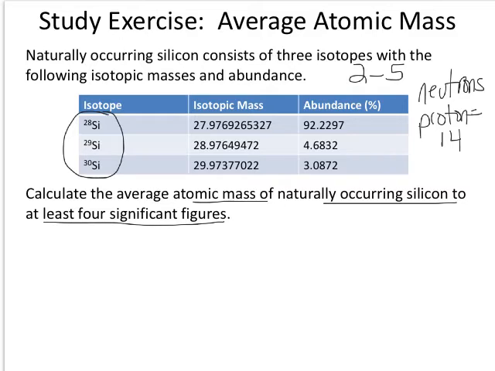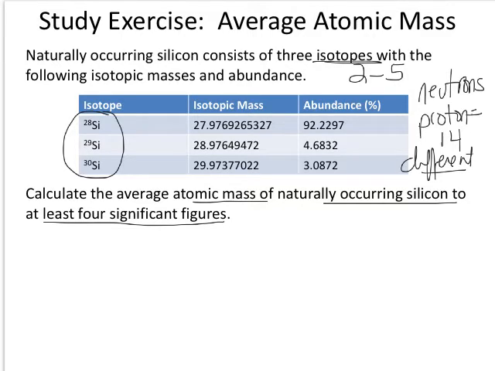It makes it silicon. But they have different mass, and that's because in the nucleus, where all the mass is, the number of neutrons are different. So silicon-28 has 14 neutrons, silicon-29 has 15, and silicon-30 has 16 neutrons. That's just a little information about isotopes.